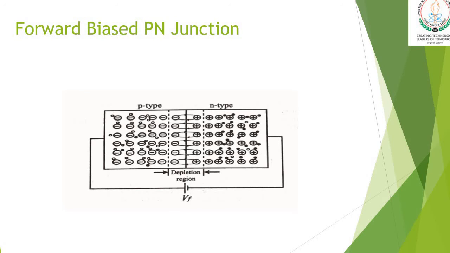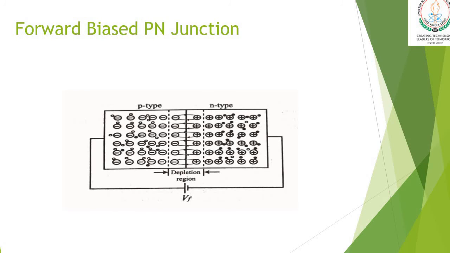It's something like a tug of war where the barrier potential and the bias voltage are compared. When your bias voltage becomes greater than the barrier potential, that is completely broken off. Then you will have the flow of electrons, and that results in the flow of current in a PN junction.